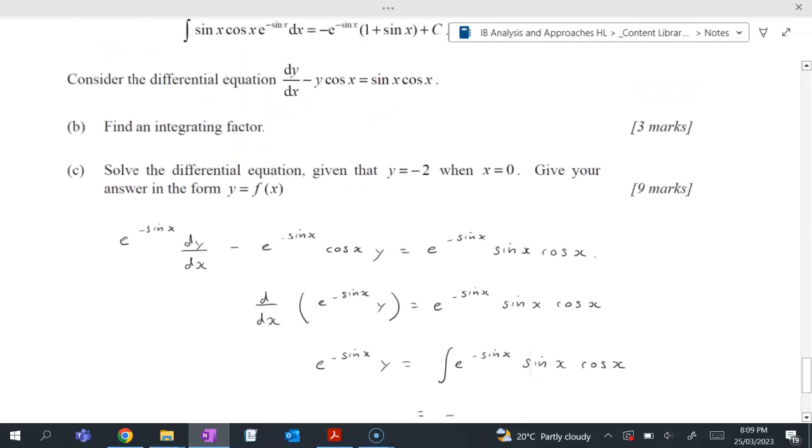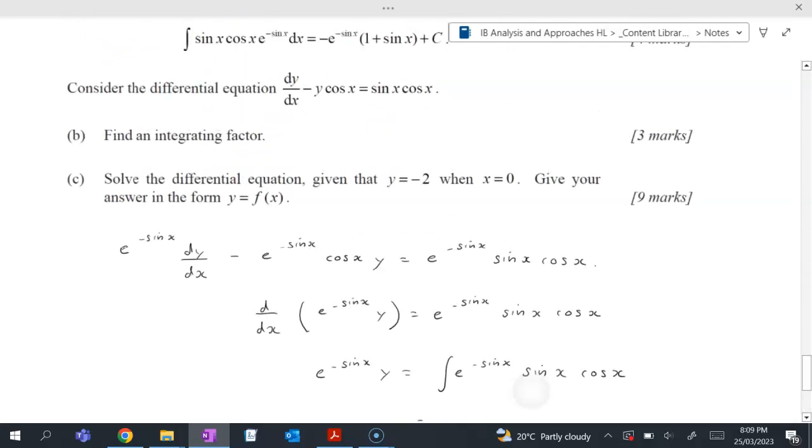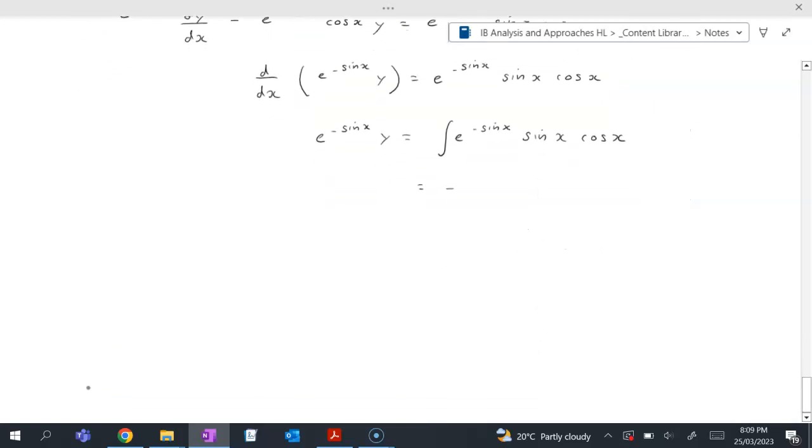And just to double check, it's minus e to the minus sine x, 1 plus sine x plus c. And then I need to divide through by e to the minus sine x.